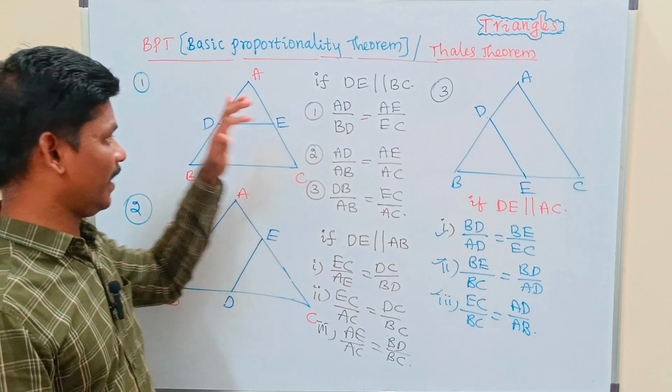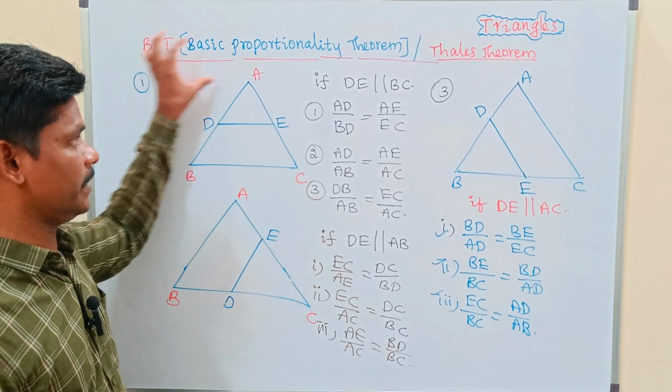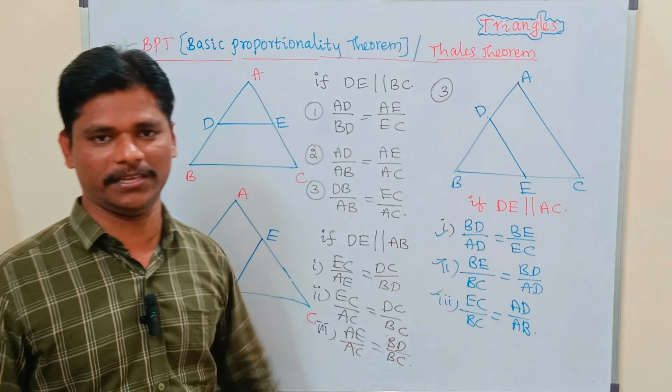The first ratio is the small sides ratio, the second is small side by big side ratio, and another small side by big side ratio. So the three triangles are the same, with the line parallel to another side. These are the important points of the basic proportionality theorem and Thales theorem.